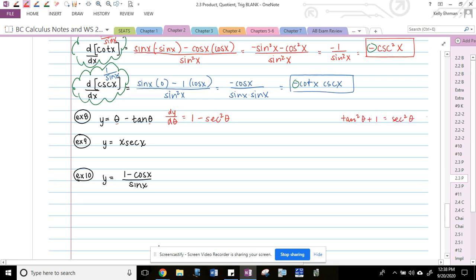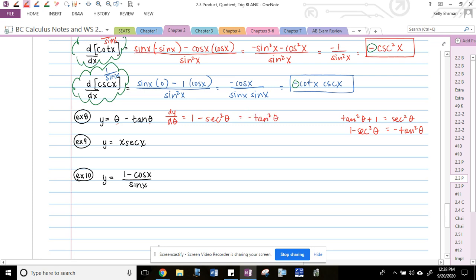You should have the Pythagorean identities memorized as you're going through this BC course this year. So let's see. If I subtract secant squared over, it means I would have had to subtract tangent squared to the other side. So yeah, 1 minus secant squared is equal to negative tangent squared.